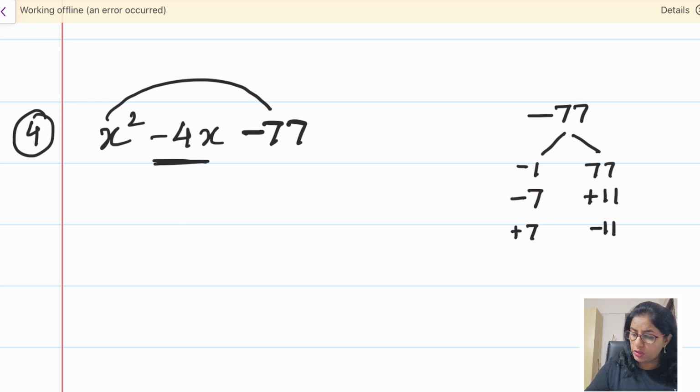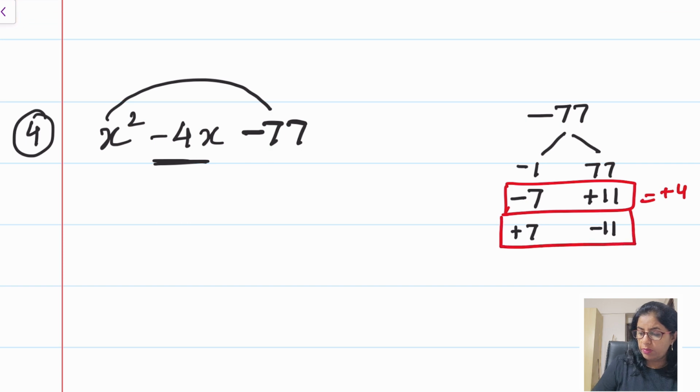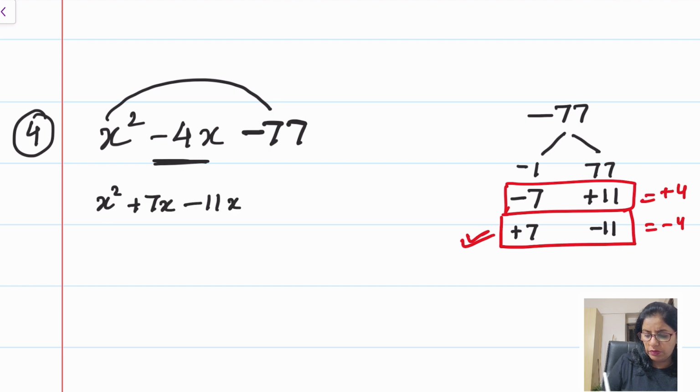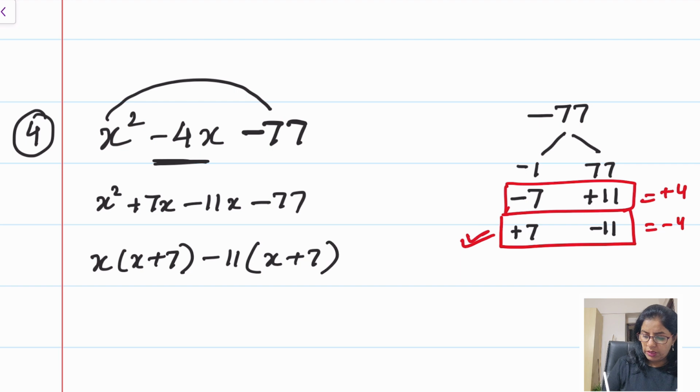If I choose the second set of factors, my answer will come as plus 4, which is not our requirement. If I choose this, my answer will come as minus 4, which is my requirement. So this is my choice. I replace: x square plus 7x minus 11x minus 77, x times x plus 7, minus 11 times x plus 7. X plus 7 comes out and x minus 11 remains inside.